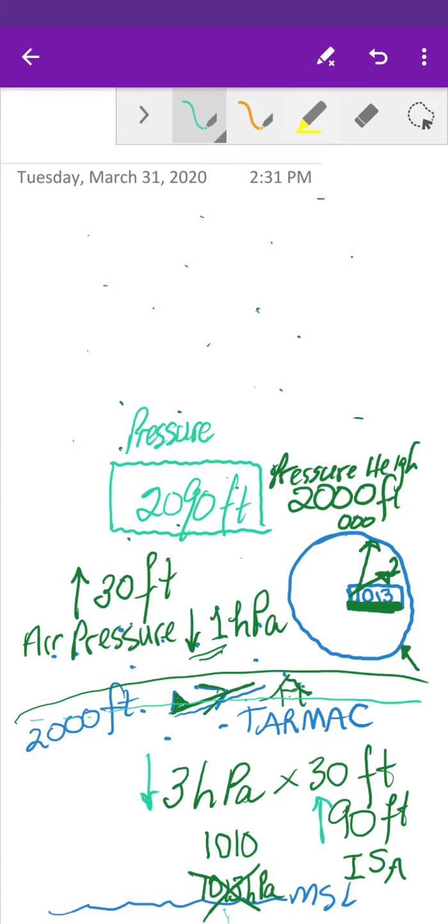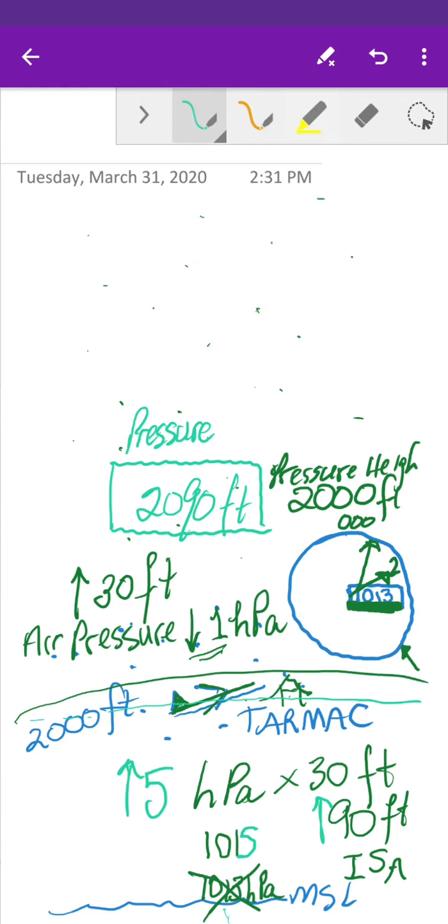Okay, let's talk about another scenario. Let's say from 1,010, it suddenly goes up to 1,015. Now the hectopascal has increased from 1,010 by 5 hectopascals.